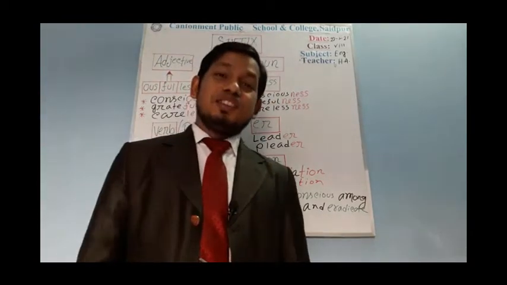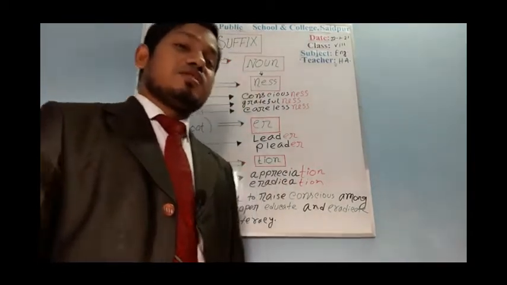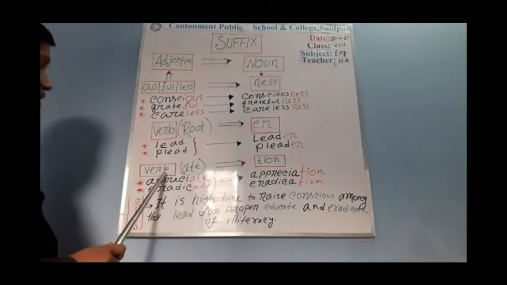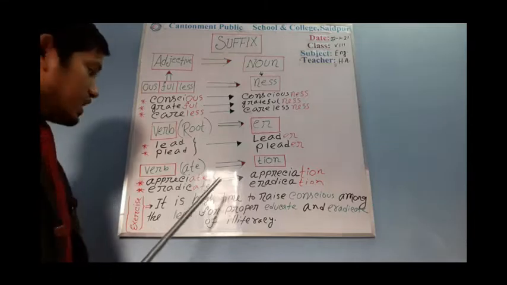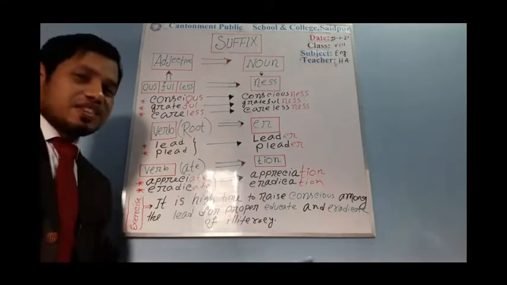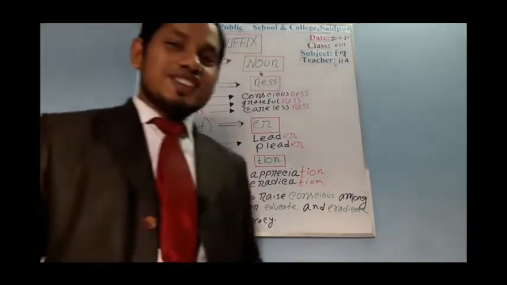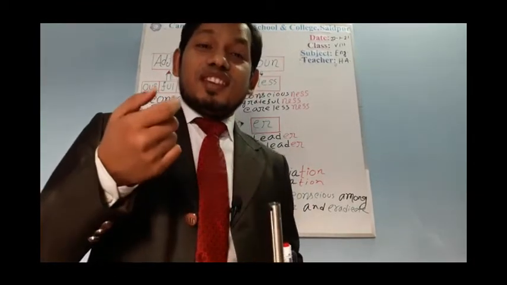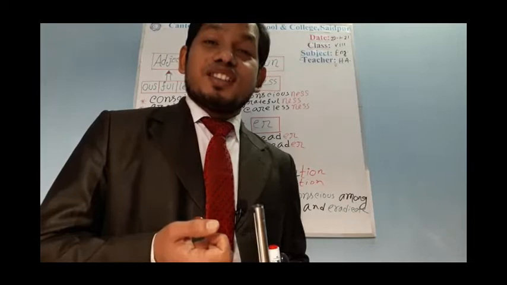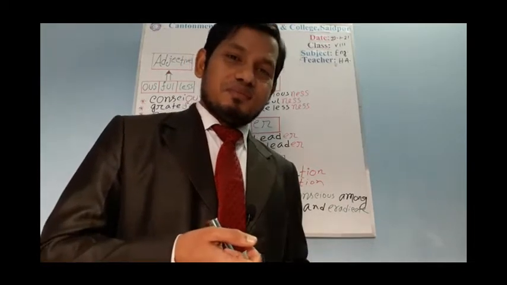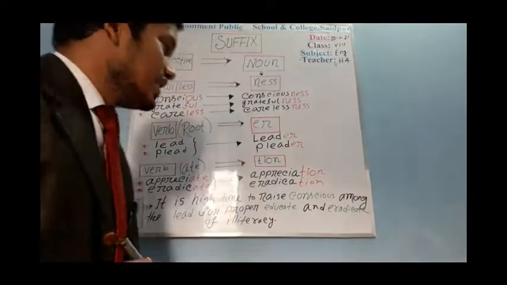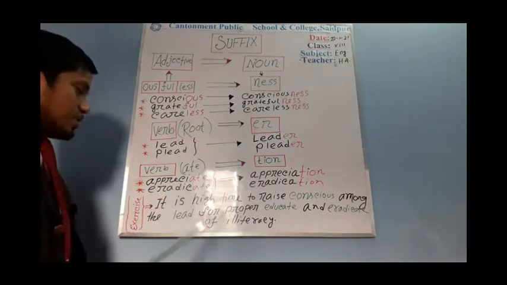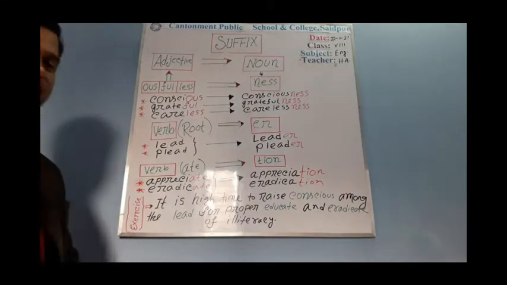You can use er to turn a word into a noun when we need. Learners, the next word is verb. It's important. Again, I'm telling you, a verb ending with ate, you should add tion, shun, at the end of the verb to make it into a noun. Suppose appreciation, eradication, like that.